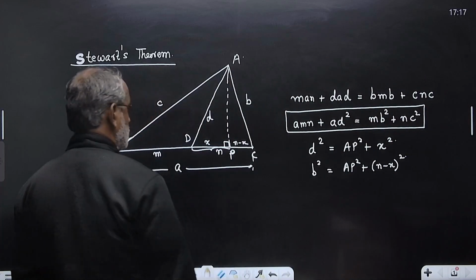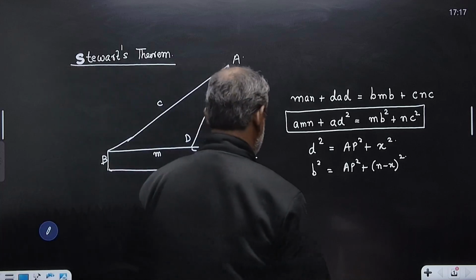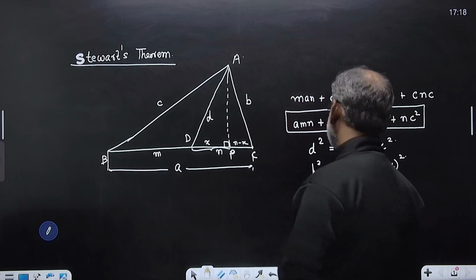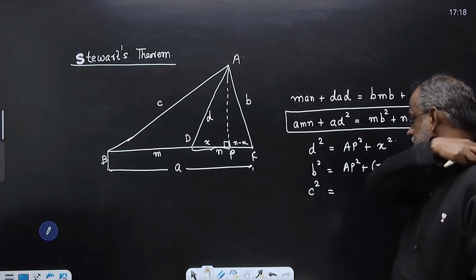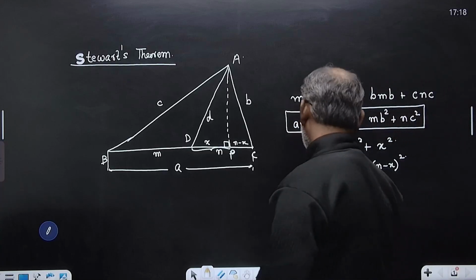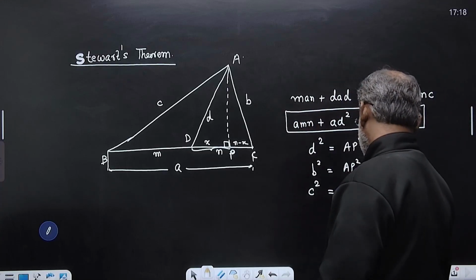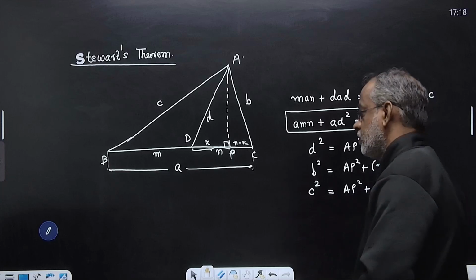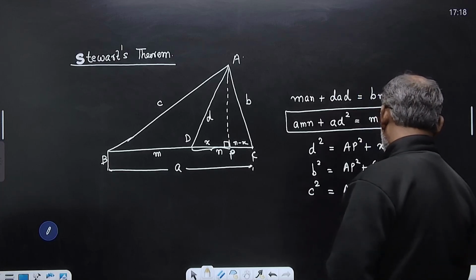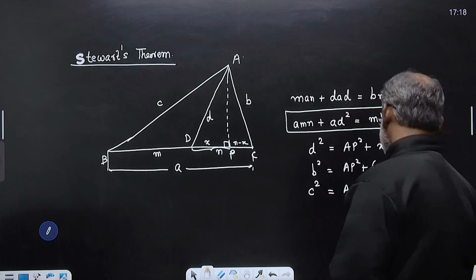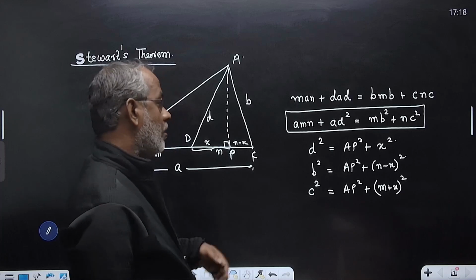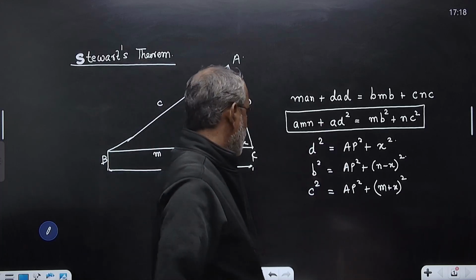Now, if we take this triangle, we have C square equal to AP square plus M plus x whole square. So you can see how we get to this AD square.